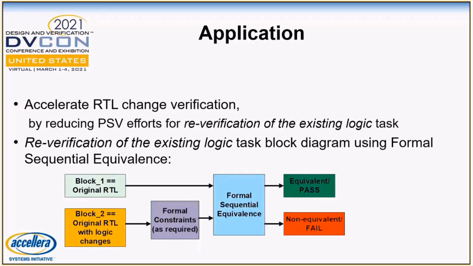To visually realize, if I represent my re-verification of the existing logic block diagram in terms of formal sequential equivalence, then it will look like what is shown in the figure here, where block 1 represents original RTL, block 2 represents original RTL with logic changes, and formal sequential equivalence functions as the comparator that lets us know if both RTLs are equivalent or not.